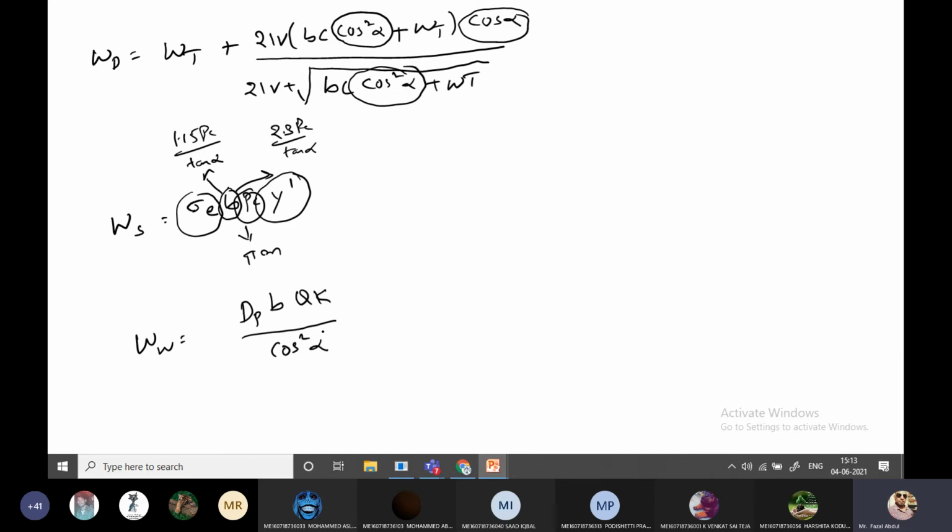That is why I continuously write cos square alpha, tan alpha, cos square alpha. Where K is the load stress factor. For this also we have a relation: endurance shear stress square into sine phi n, where phi n is the normal pressure angle, by 1.4 into (1 by EP plus 1 by EG).